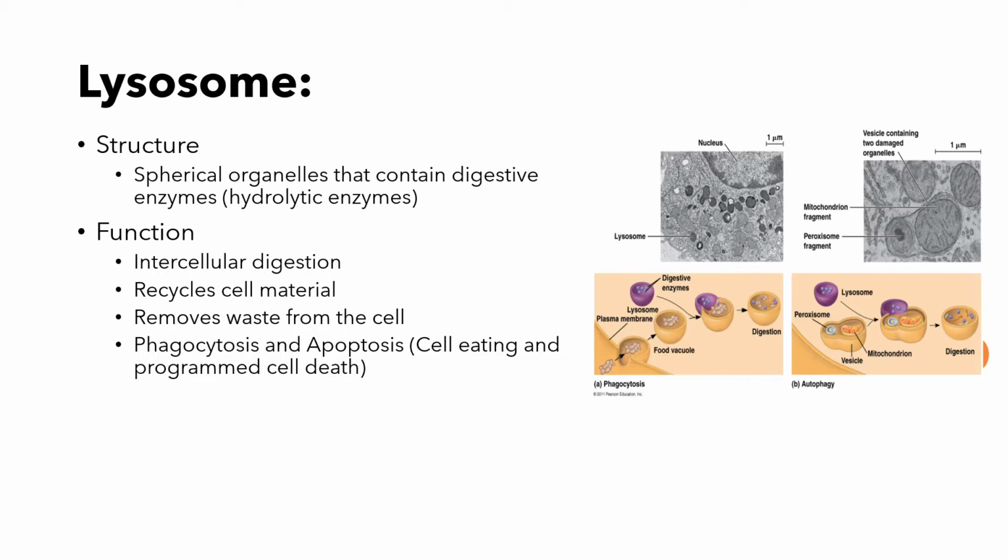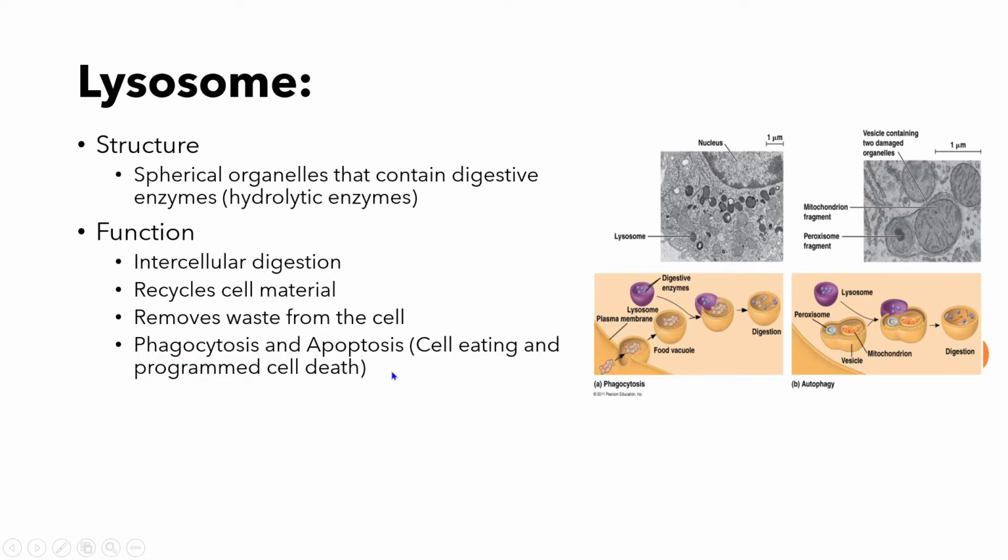The function of a lysosome is intracellular digestion, and it also recycles cell material and removes waste from the cell. It also performs two important functions that you should know, which are phagocytosis and apoptosis.